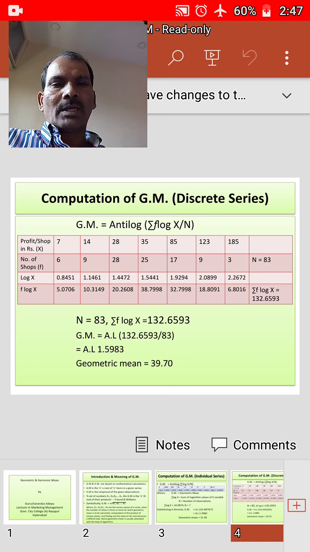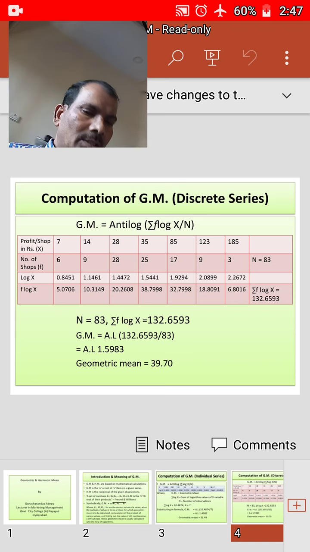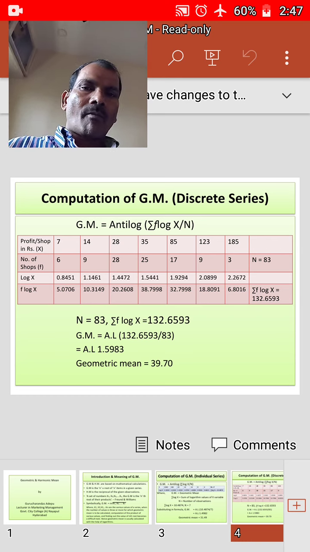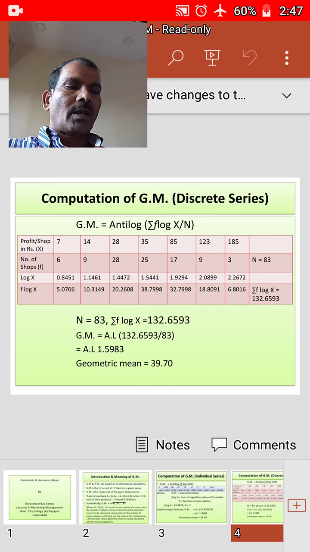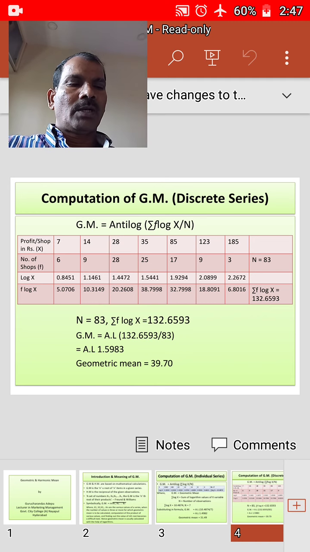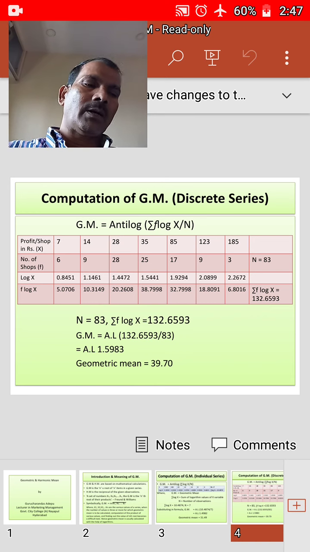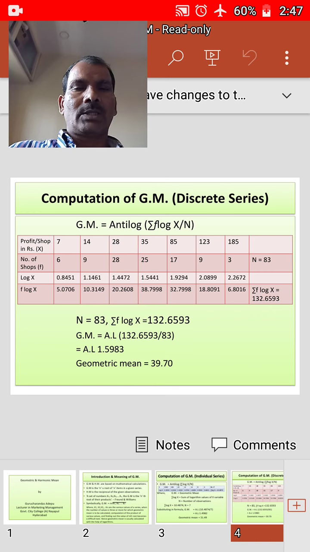Next, computation of geometric mean for discrete series. We have a procedure to find the geometric mean of discrete series. First, find the logarithms for the values of x variable and denote it by log x.